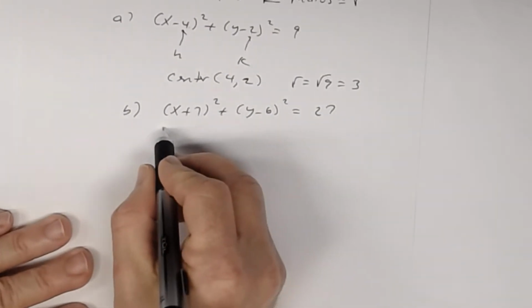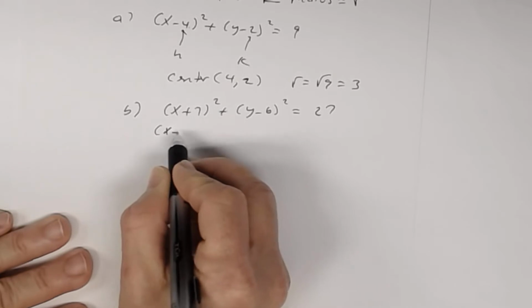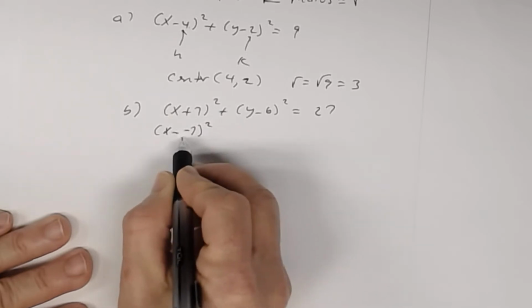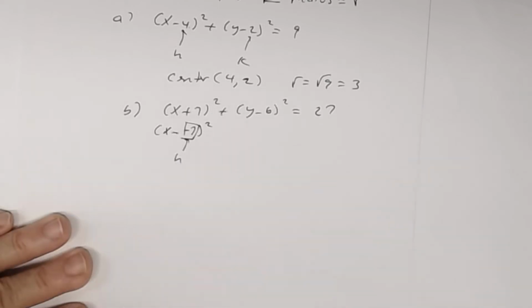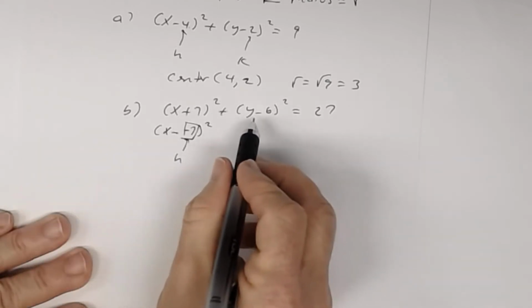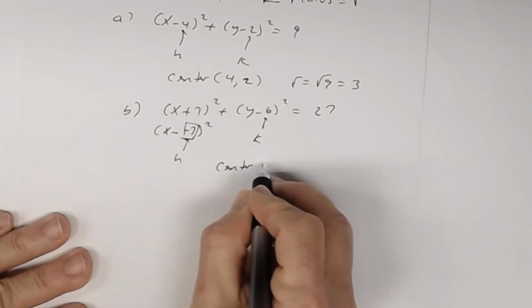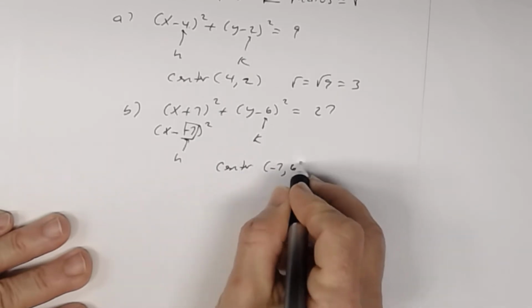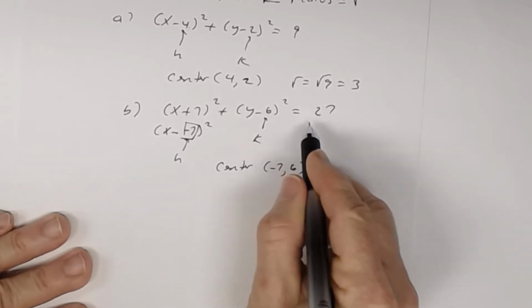So when you do this one, you got to think x plus 7 means the same thing as saying x minus a negative 7. So this is your h. So h is a negative 7. And this is already y minus, so there's your k. So my center is negative 7, 6. Now here's how you find your radius. The radius, you always take the square root of this.